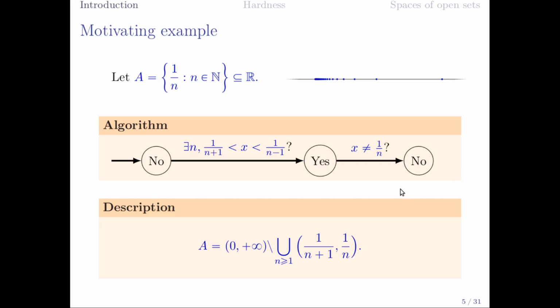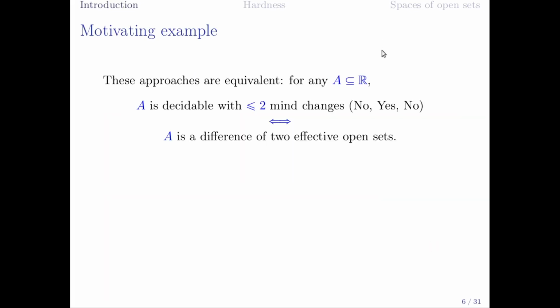The other way is to describe A in terms of open sets. This is easy. It's a difference of 2 open sets: the positive numbers minus the numbers that are not inverses of natural numbers. So we have these 2 things which are actually equivalent. For subsets of real numbers, it's always equivalent to be decidable with 2 mind changes, starting with no, and to be a difference of 2 effective open sets, which are open sets which can be described by an algorithm.